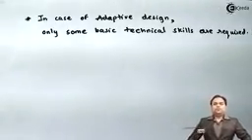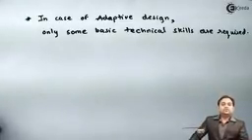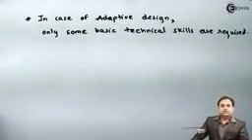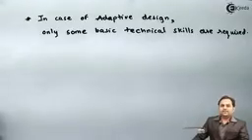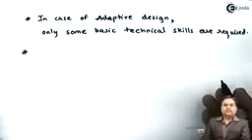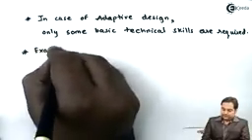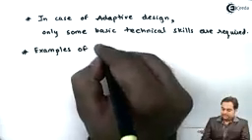So if a person is an adaptive designer, then he should just have some basic technical skills to make any change in the design. Here I can give the examples of adaptive design.